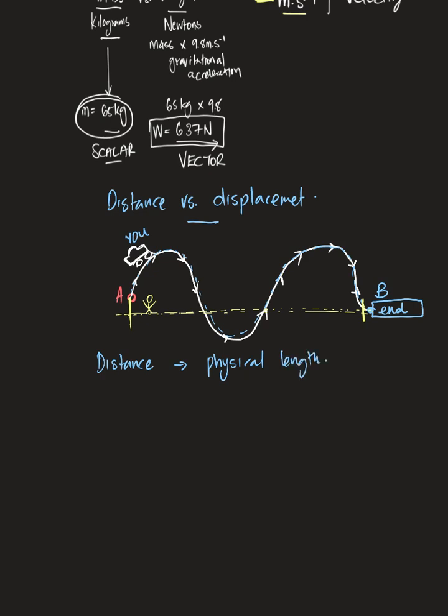A physical length means it is dependent on a pathway. There must be a pathway to get there. If I look here at your friend, what your friend is doing is something called displacement.